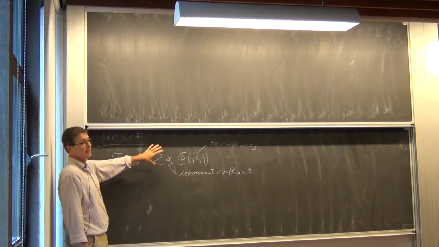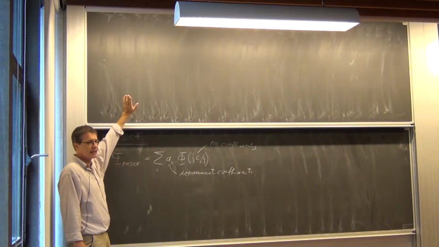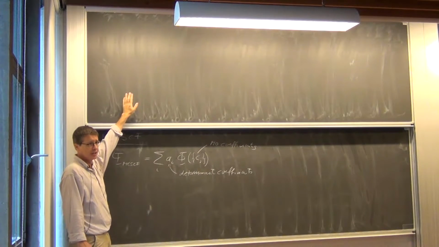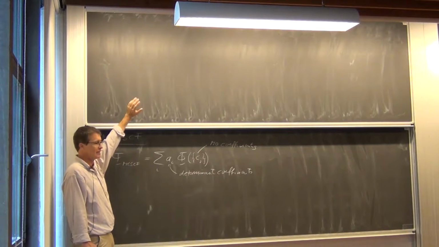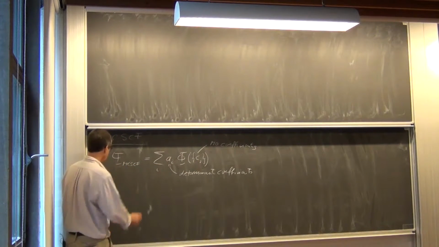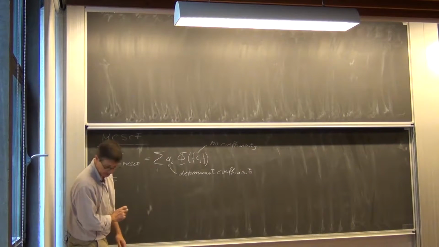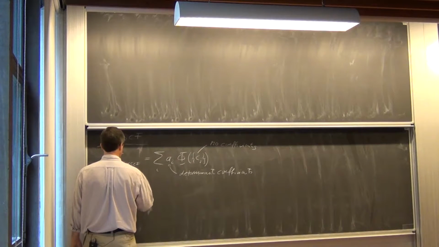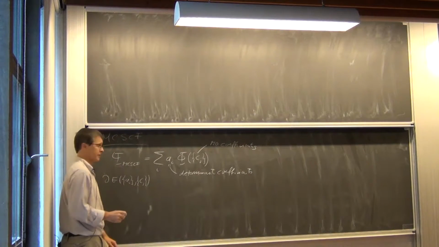Which actually means that MCSCF is fully variational, whereas a truncated CI calculation is not fully variational, because I don't optimize the MO coefficients. I only optimize the determinant coefficients, not those. So we get them variationally: I look at the MCSCF energy, which is a function of these determinant coefficients, but also of the molecular orbital coefficients.